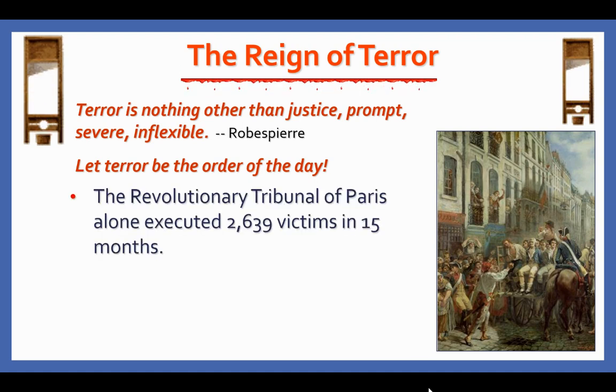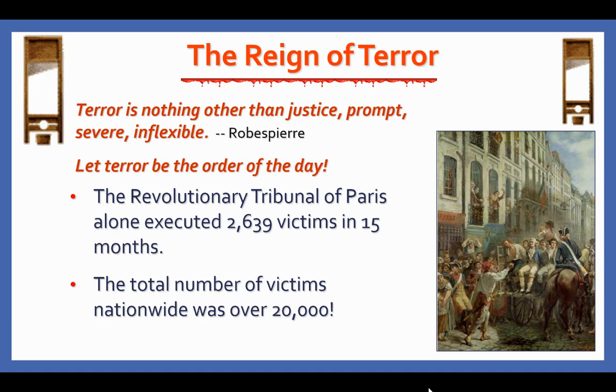During this time period where we do have a republic, the court called the Revolutionary Tribunal of Paris executes 2,639 people in 15 months. Now, when you look at it from a national scale, this is 20,000.